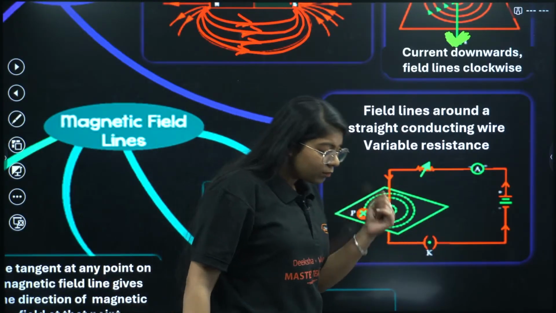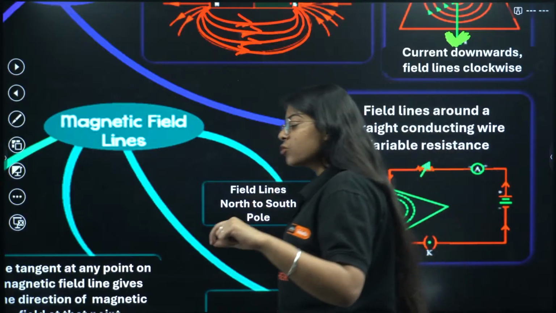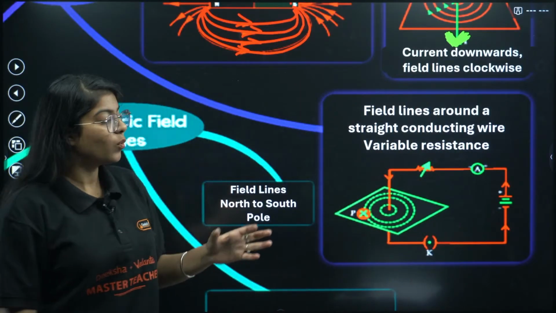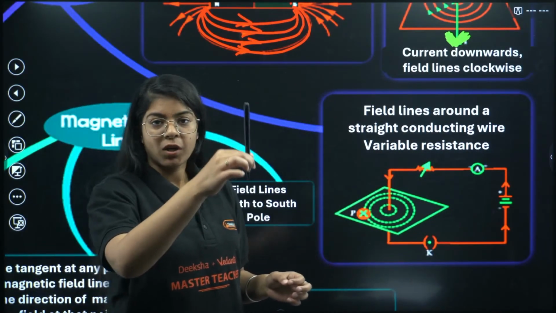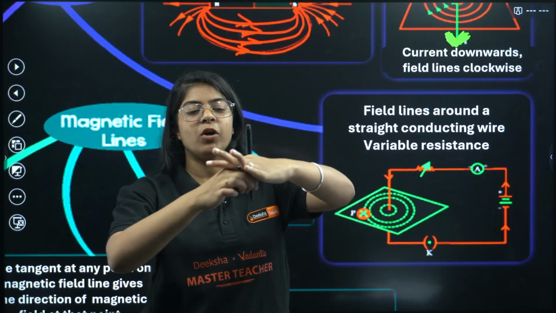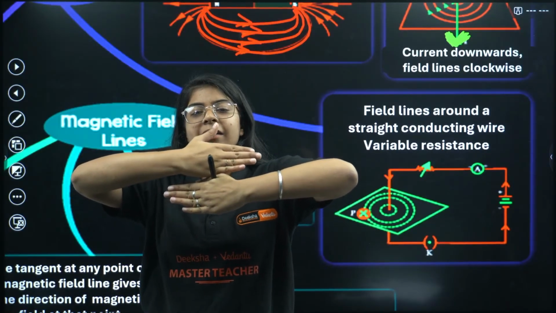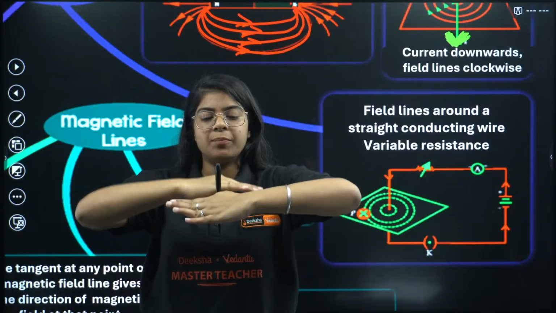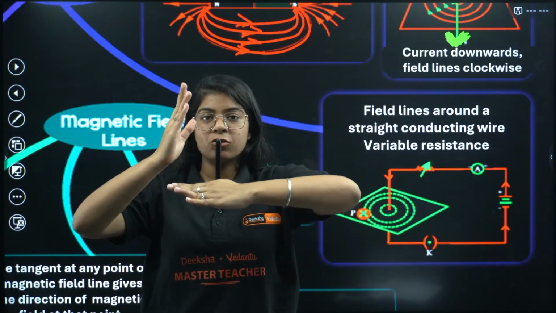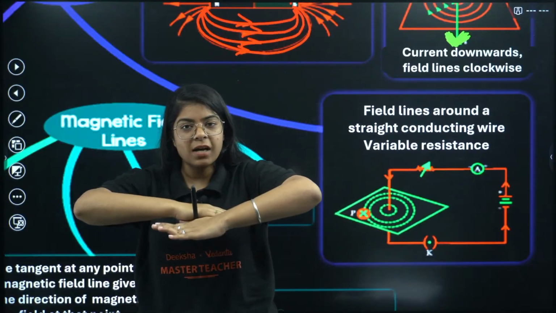Correct? Now, how did we see this? What was the activity? They can actually ask you to explain the activity. So what we did, we took a wire and a cardboard, and we placed the cardboard around the wire, something like this. The wire is passing through the cardboard. Now a current is passing through the wire, and we sprinkle some iron filings on this cardboard.